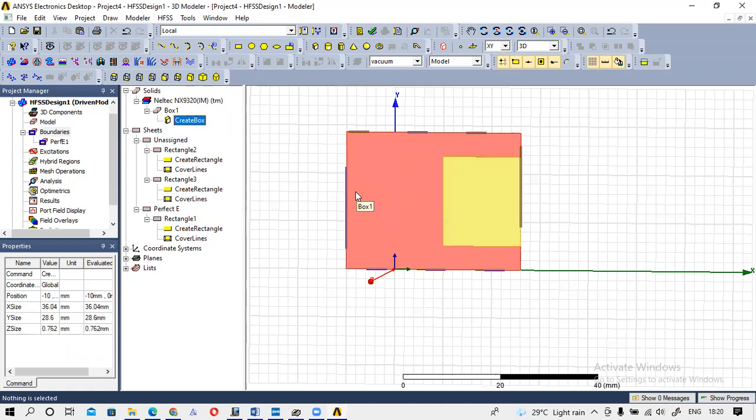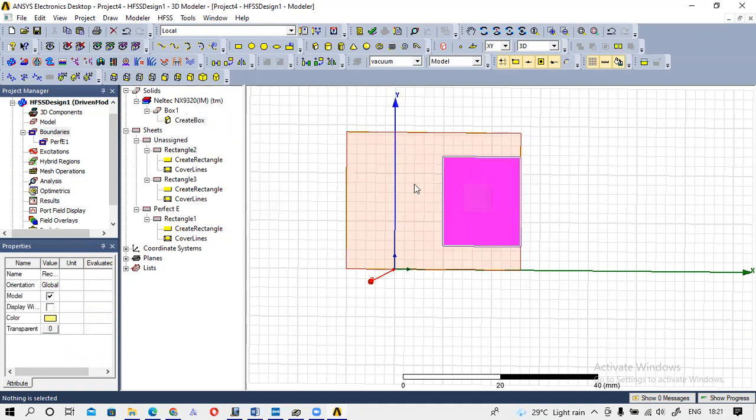That one also shifted. Then I shift this one exactly to the y-axis. Then I think I can do the design somewhat easily.